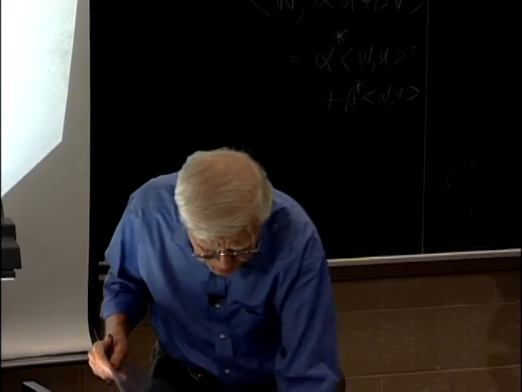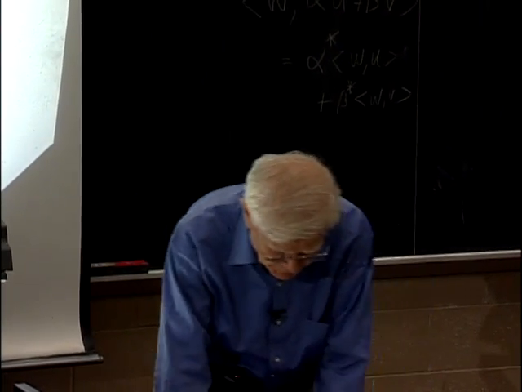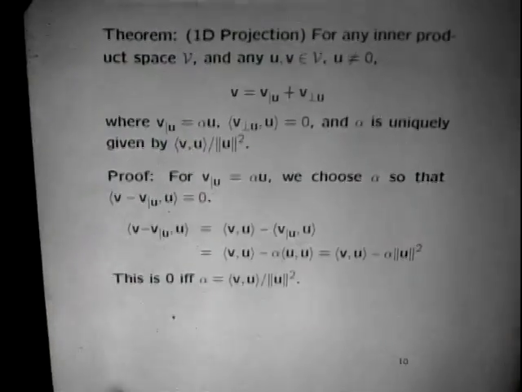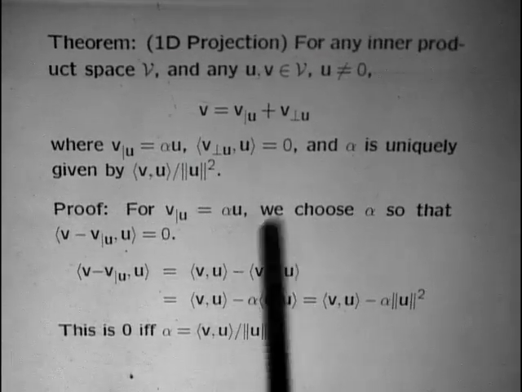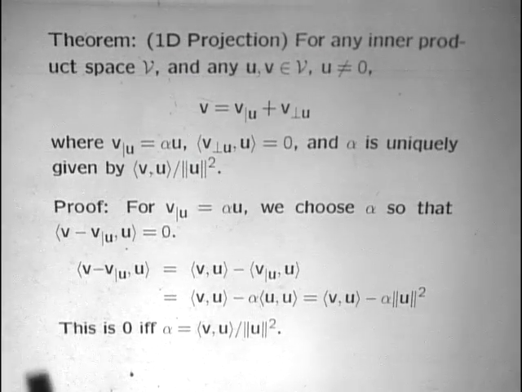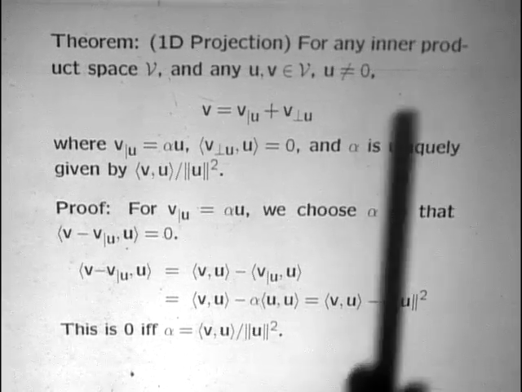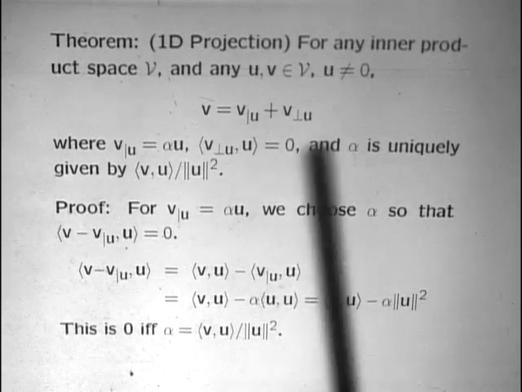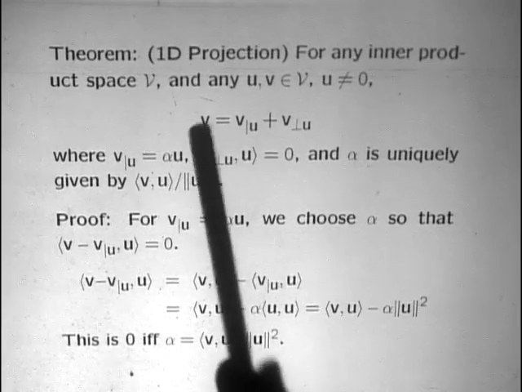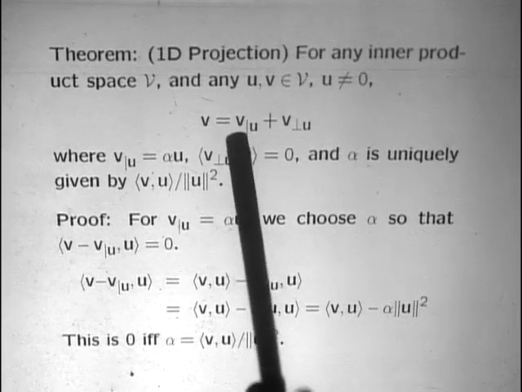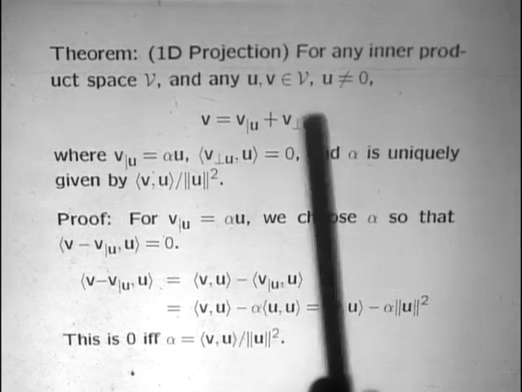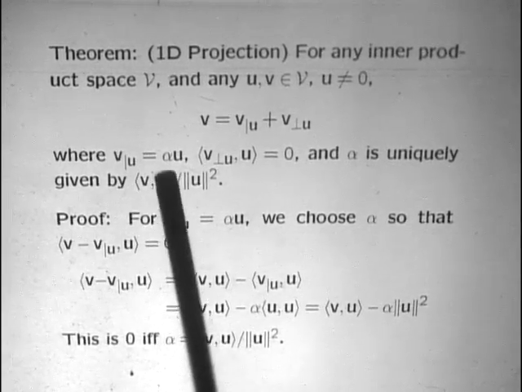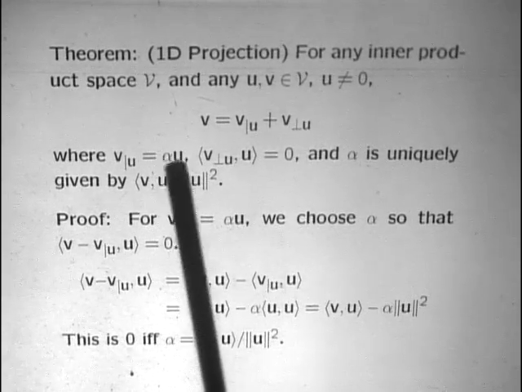see why this complicated theorem is in fact true. Let me state the theorem first. It says for any inner product space V and any vectors u and v in V with u unequal to 0, I hope I said that in the notes, the vector V can be broken up into a collinear term plus an orthogonal term where the collinear term is equal to a scalar times u.